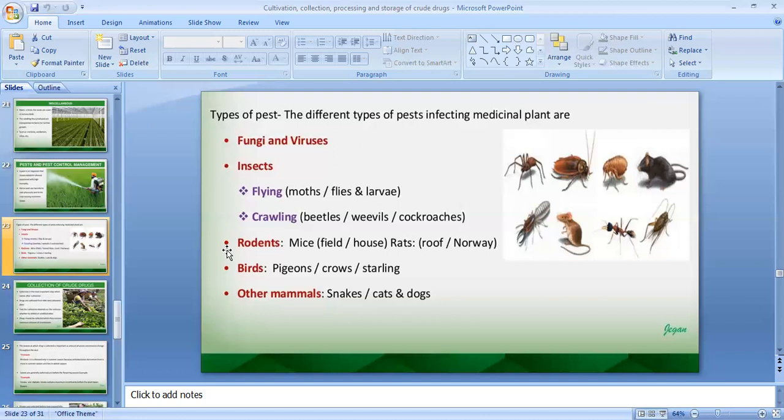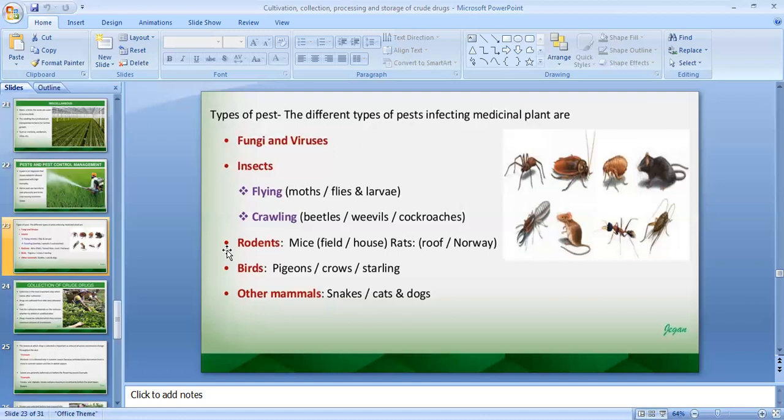There are many types of birds that can harm crops and medicinal plants: pigeons, crows, starlings, etc. And other types of pest are other mammals, such as snakes, cats, and dogs.